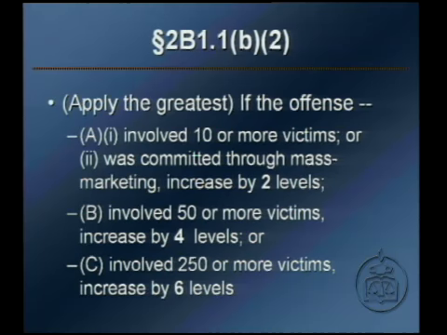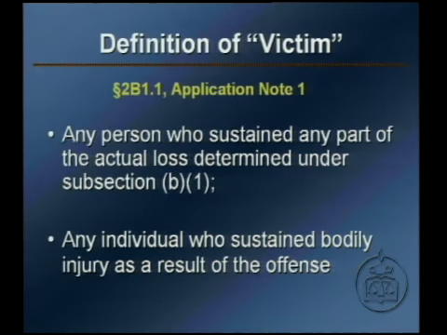Now, victim, as it's referred to in this specific offense characteristic, has long been defined as 1, any person who sustained any part of the actual loss determined under subsection B1, which is the loss table, or 2, any individual who sustained bodily injury as a result of the offense.